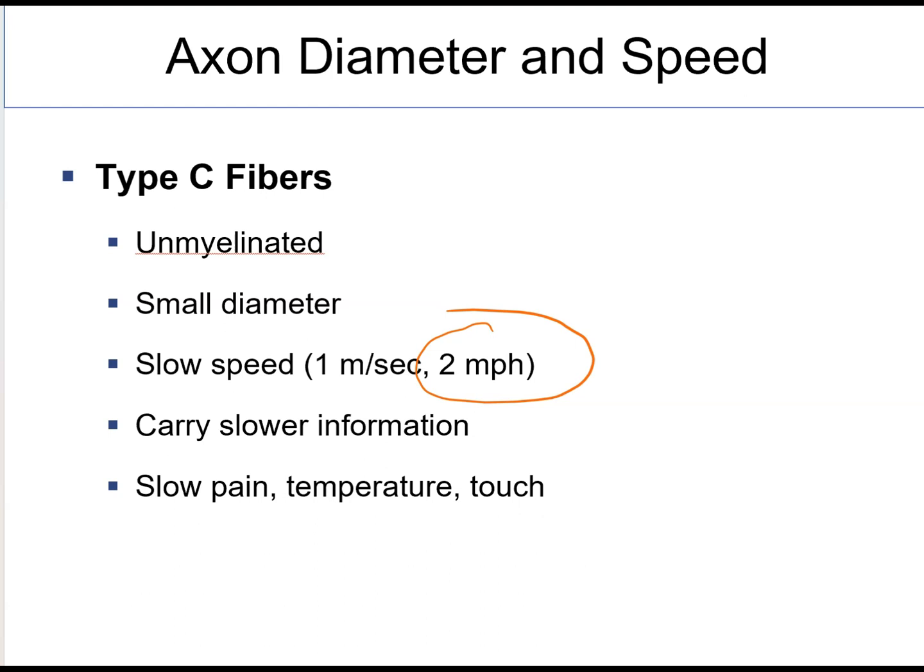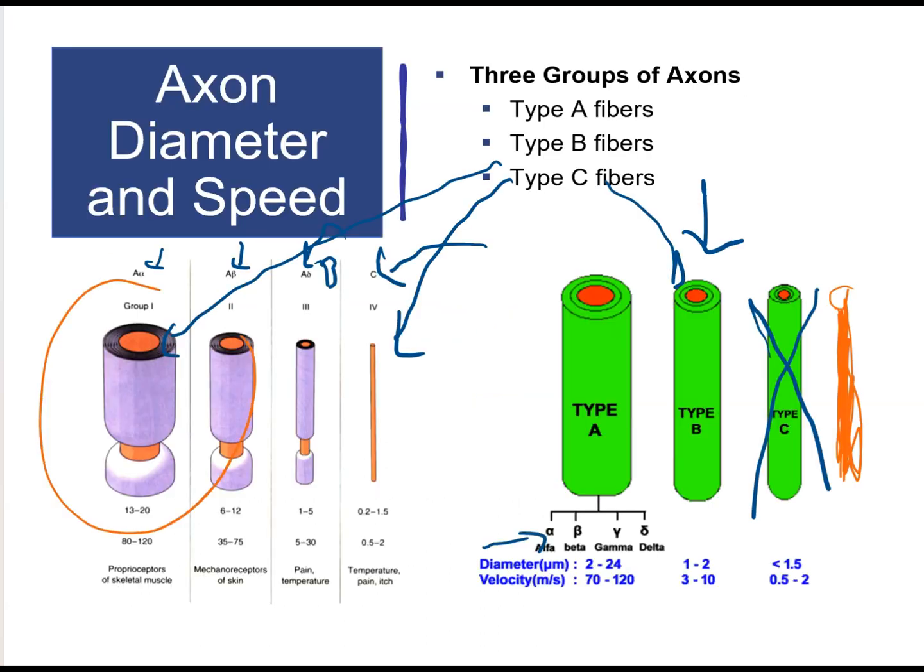So you might wonder, why have 3 different types of fibers, right? Why not just make them all these type A fibers and make them all super fast? Well, the reason has to do with space. You know, you have so many nerves and you can only have so big of a spinal cord for all this information.